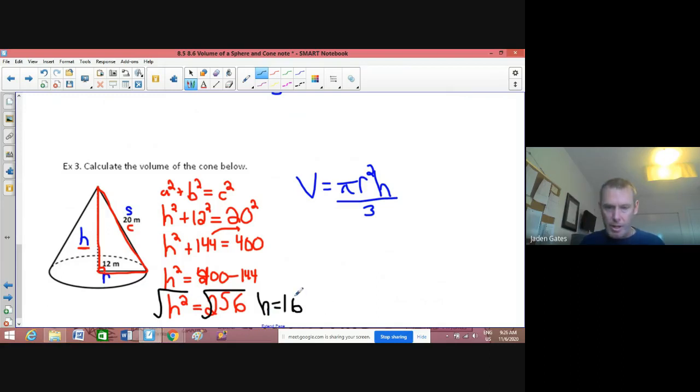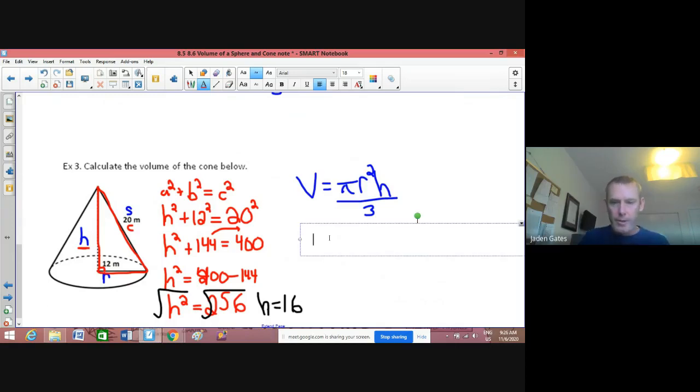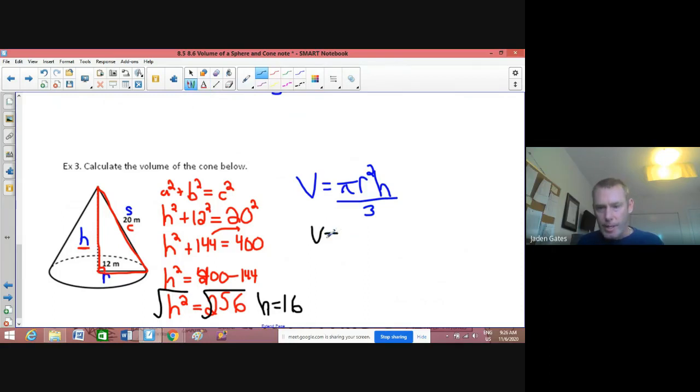That's odd to get a non-decimal. All right, so all of that work, and now I can finally go back to my formula here, right? So I'm going to write it out. My volume is equal to pi, 3.14. All right, my radius, this is again why I label my diagram, because you get sidetracked doing other stuff. So I got 12 as my radius, and it is squared, times my height, which I had to work for, 16.